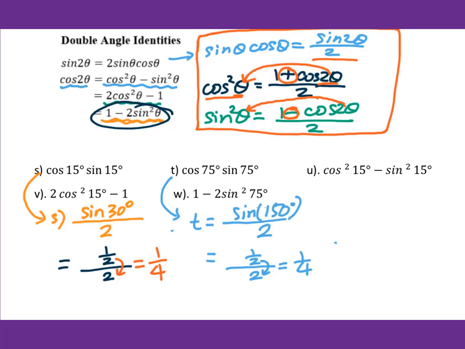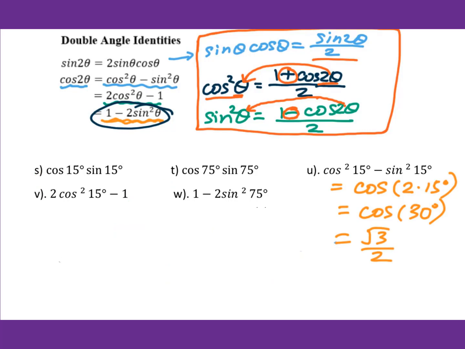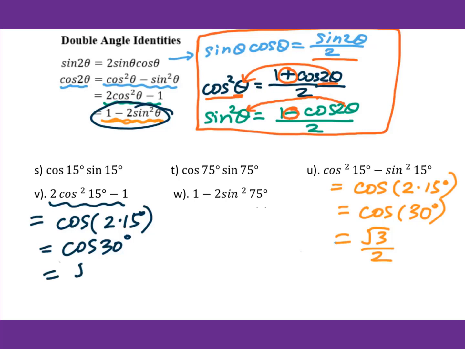For number U, this is the pattern for cosine 2 times 15 degree. That's cosine 30 degree, which means square root of 3 over 2. And for V, basically that's the pattern for cosine 2 theta. So we got the cosine 2 times 15 degree, that's cosine 30, means square root of 3 over 2.